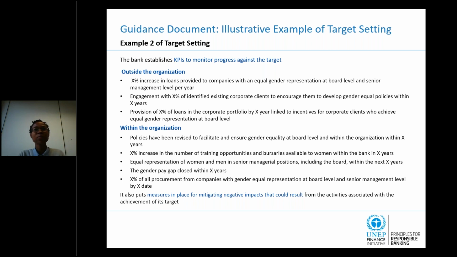Developing gender equality policies would then obviously move these corporates in that direction. The third KPI is to make provision of X% of loans in the corporate portfolio by X year linked to incentives for corporate clients who achieve equal gender representation at board level.